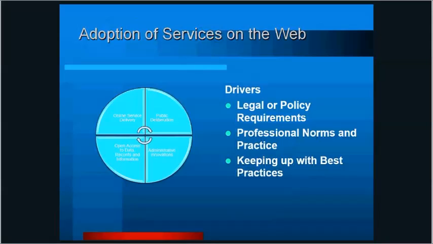You want to stay up with the norms within the professional fields. A number of local governments belong to different groups, and there are certain norms and practices that they follow in terms of using e-government. And then best practice. You see examples from other places, from the private sector, from social media that you may want to try and use in your local government.